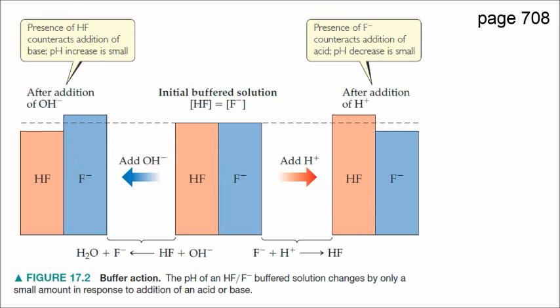So on page 708, we have a situation with a buffer in which either a strong base or a strong acid are added to the buffer, and the concentrations don't change very much. They just change slightly, but we keep that ratio pretty much the same. So here, when we add a strong acid, the conjugate base, F minus in this case, is going to react to keep that ratio relatively the same.